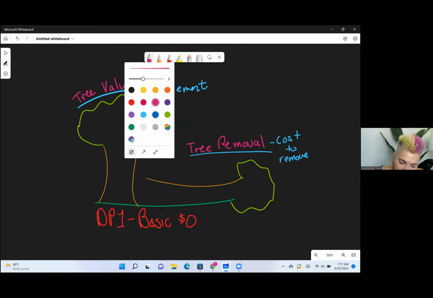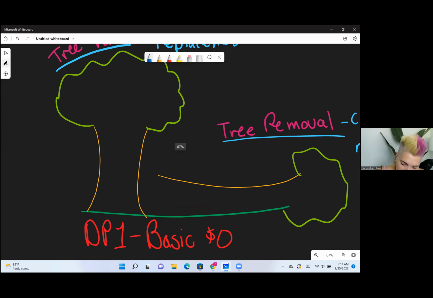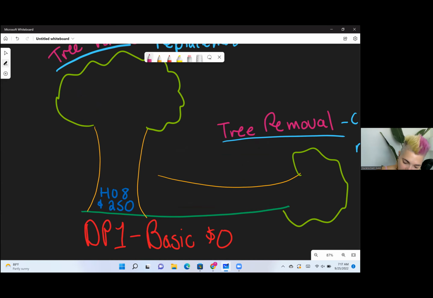Then you have an HO8. An HO8 covers trees at $250. So if you need to replace the value of the tree, you do it for $250.